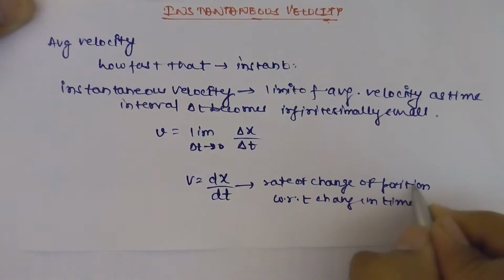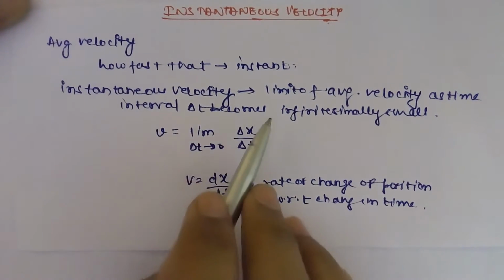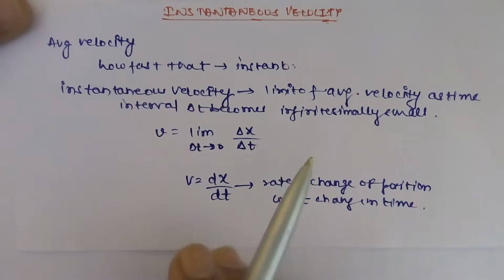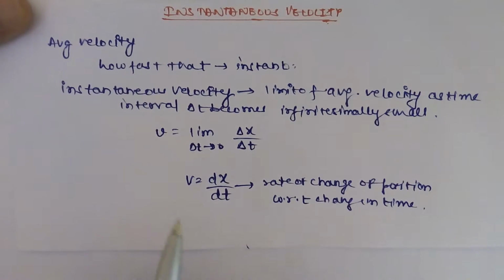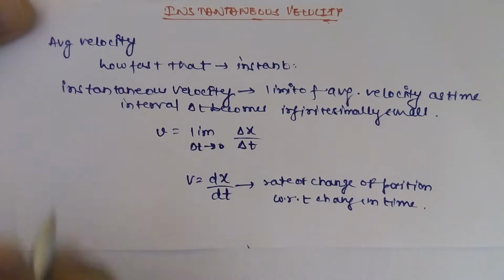So it's a very simple concept, defined for how fast an object is moving in a very small interval, which average velocity doesn't tell us.